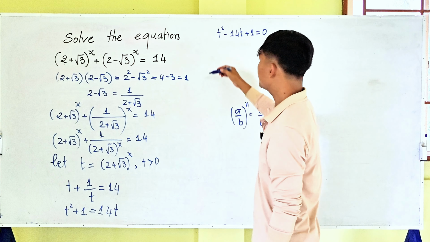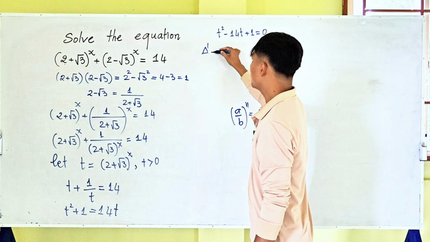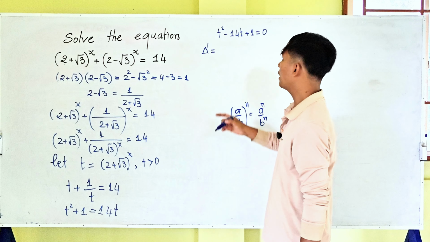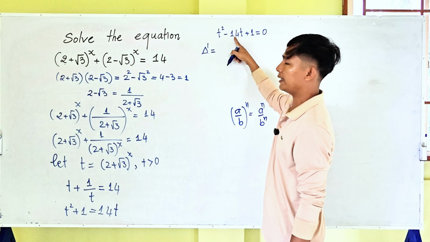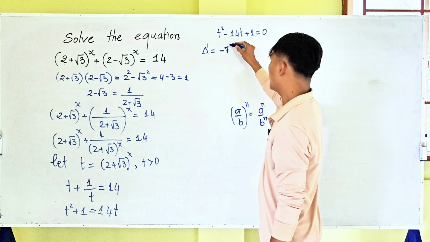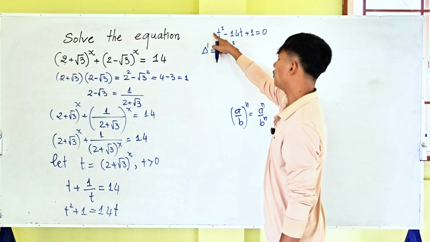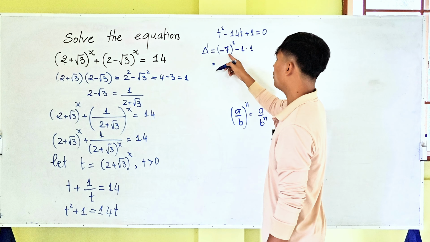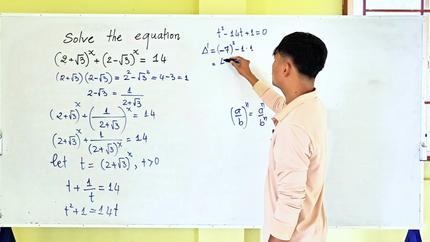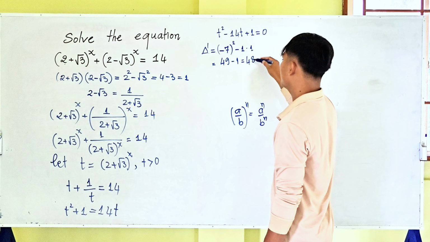And now we use delta prime equal negative 14 divided by 2, we get negative 7, all squared, minus a times c, with a equal 1 and c equal 1, we get 1 times 1, equal 49 minus 1 equal 48.